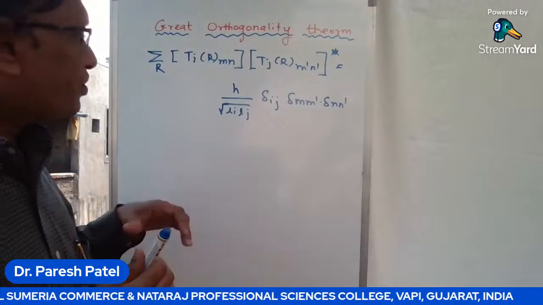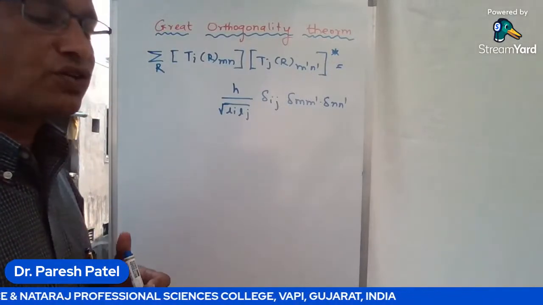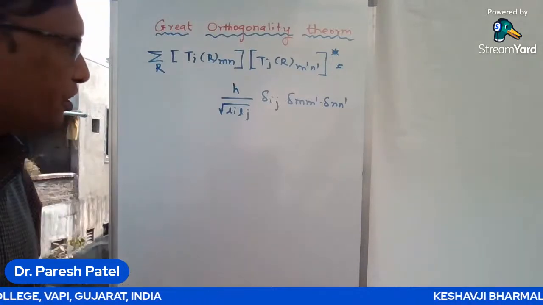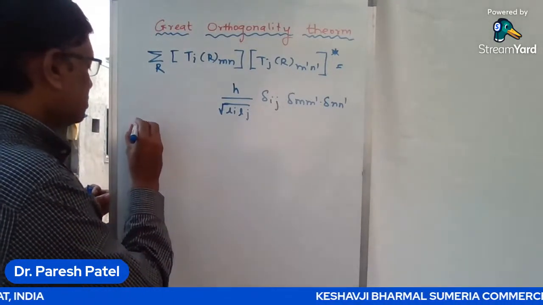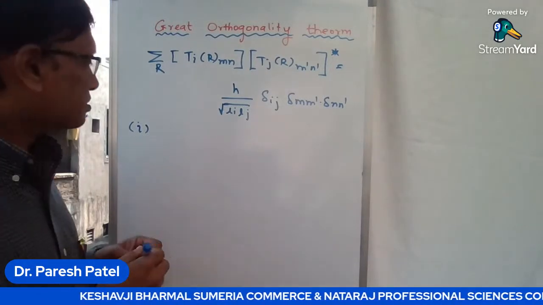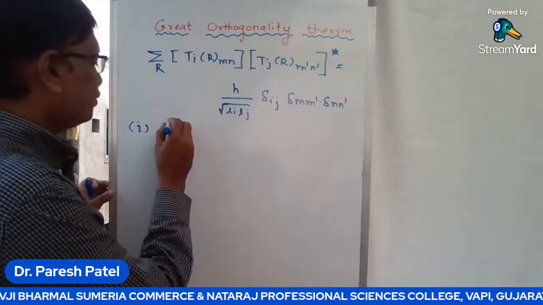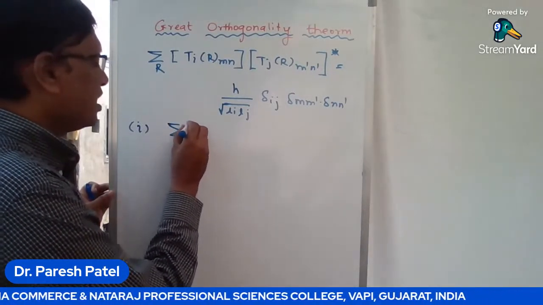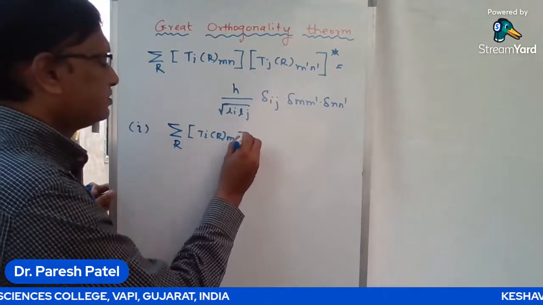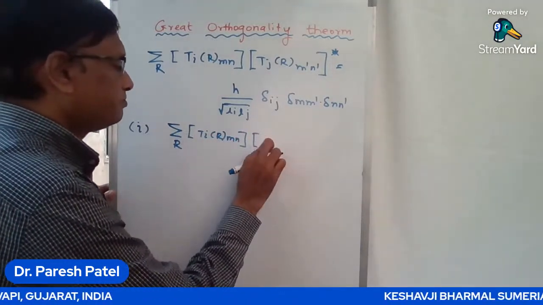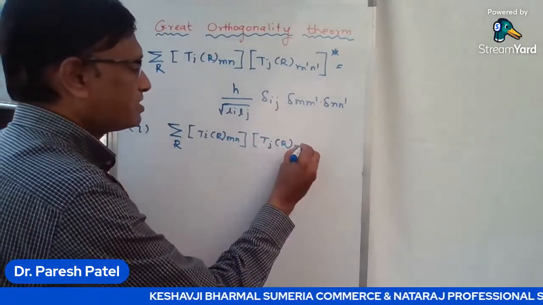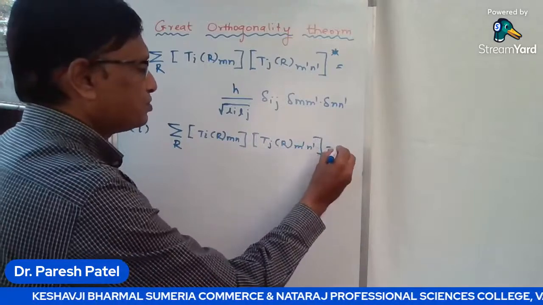We can subdivide this great orthogonality theorem into three sub-statements. The first: summation over R of Γi(R)mn Γj(R)m'n' is equal to 0.